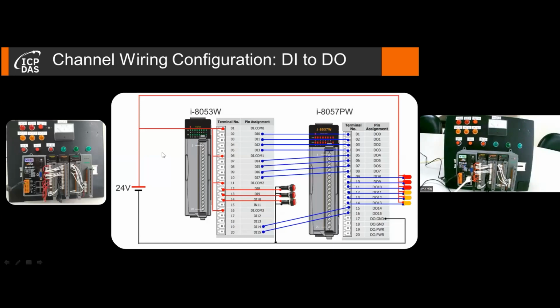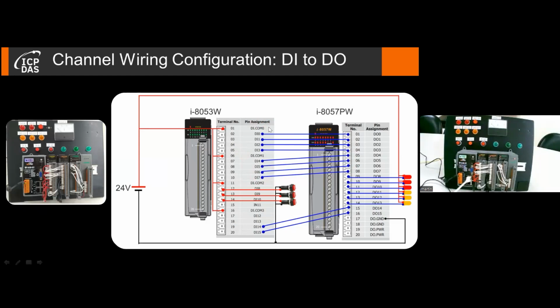For the purpose of this tutorial, the first 8 channels of the digital output module are directly wired to the first 8 channels of the digital input module. This allows us, within the PLC application, to directly confirm the output setting by just reading the digital input status.